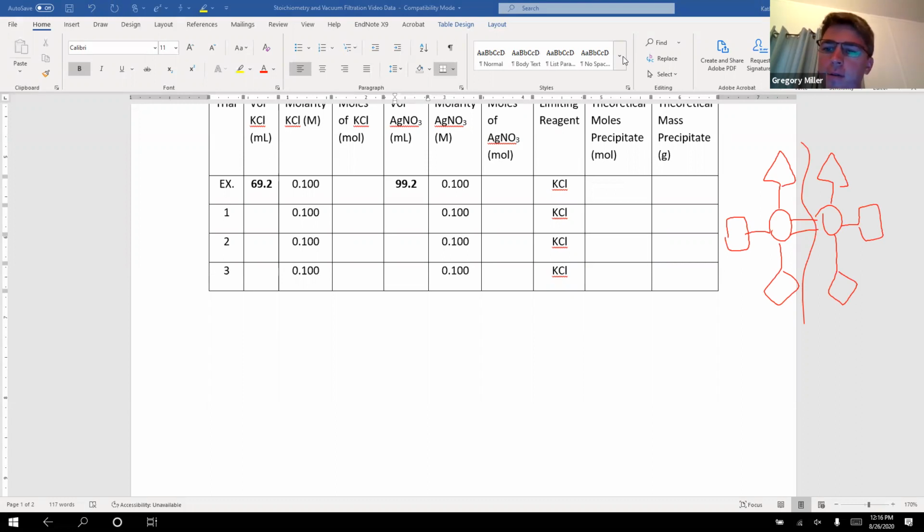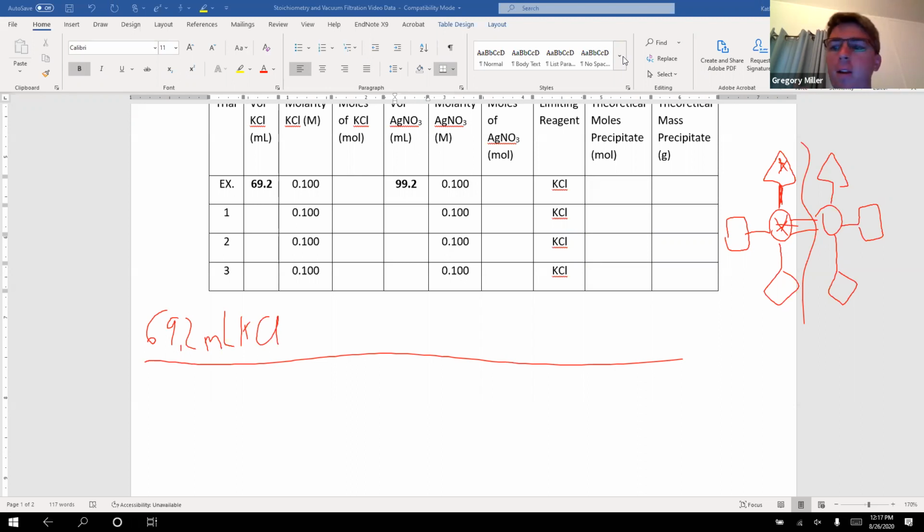So we have volume of KCl, and we want to get to moles of KCl. So all we have to do is use the molarity, and it'll work out for us as our conversion factor. So start with the 69.2 milliliters of KCl. And what you'll notice is all of these things that I'm writing have all 3 parts: number, unit, and chemical label, so that we know what compound we're discussing.